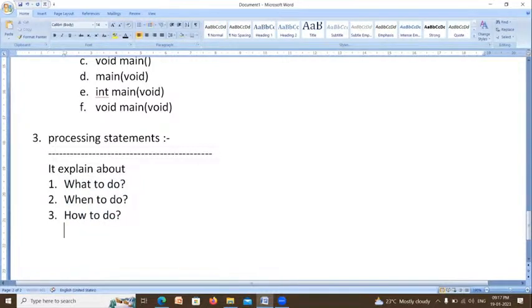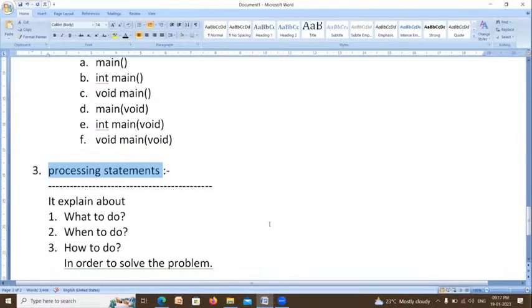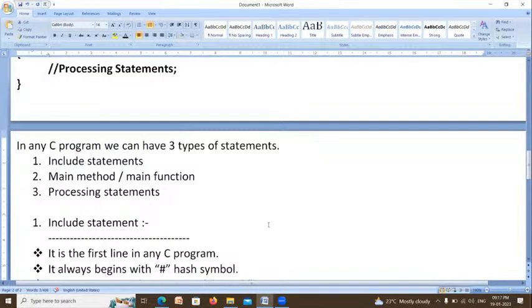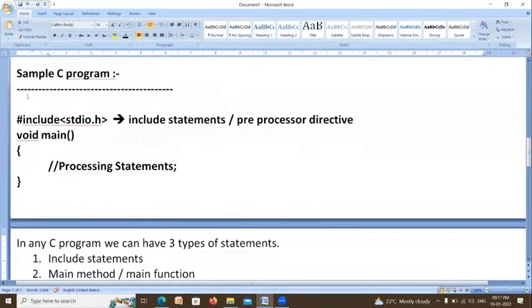Why? In order to solve a problem. If you want to solve the problem, what you have to do, when you have to do, how you have to do, those steps will be explained by using processing statements. So these are the three parts in a sample C program. Now note on this.